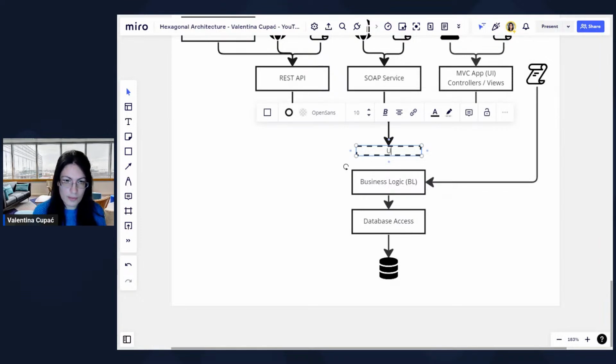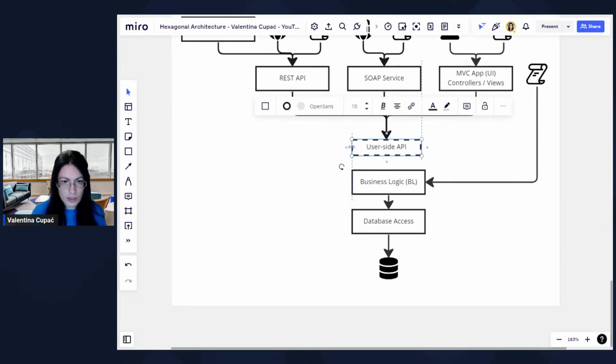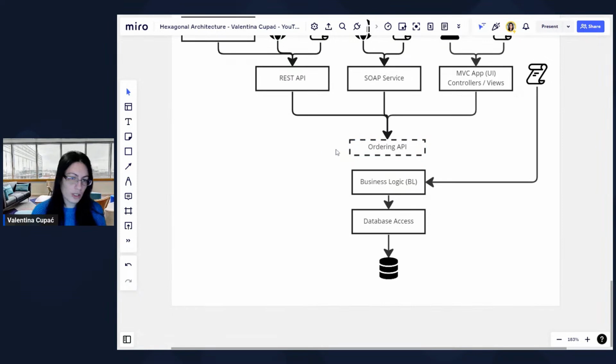So this is some user side, sorry, I'll call it the ordering API. So this one will essentially expose the key methods that we can browse pizzas, that we can order pizzas, that we can cancel pizzas, and that's it. It's very, very minimalist. And our business logic will implement whatever is required by that API.